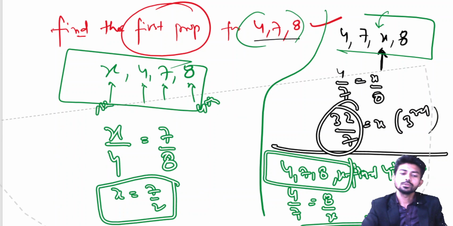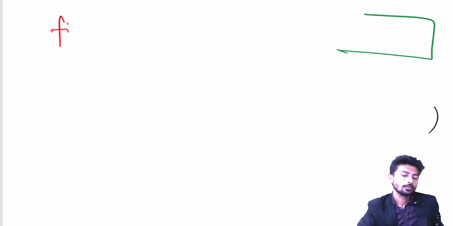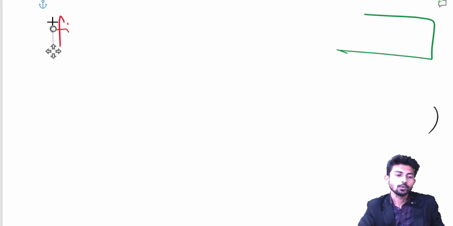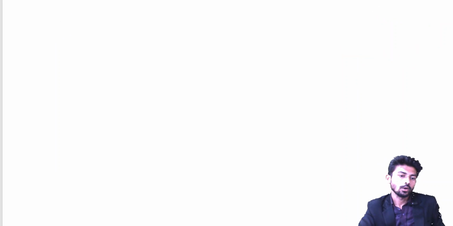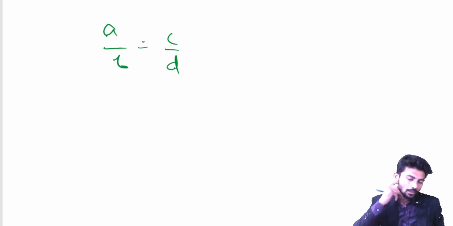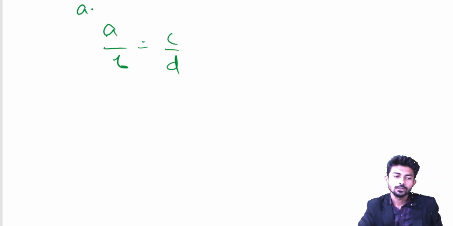Sometimes we use one more relation. If we write a by b is equal to c by d, before this step we also write a ratio b proportionate to c ratio d.